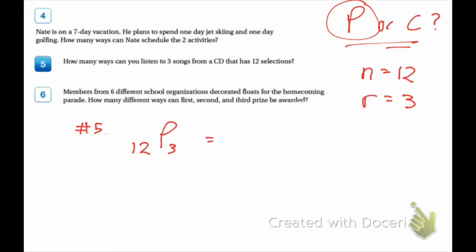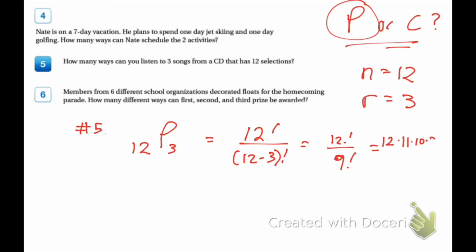That's going to be equal to 12 factorial over 12 minus 3 factorial, 12 factorial over 9 factorial, and that gives me 12 times 11 times 10 times 9 factorial over 9 factorial.